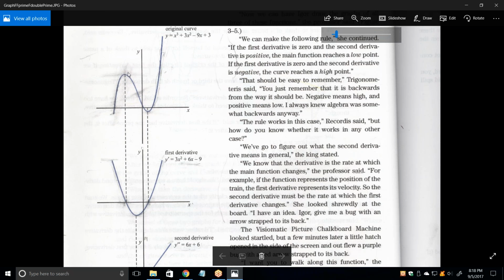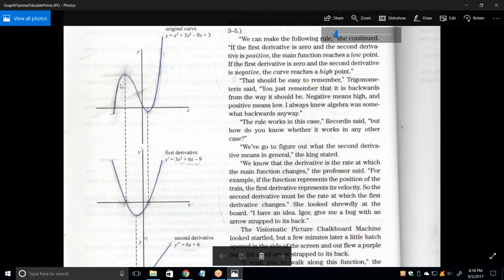And there's a couple of other very, very interesting things about this. When the original function has a zero slope tangent line right there, in other words, if you were to draw the tangent line, it would be flat, the first derivative is 0. Remember what the first derivative is: the first derivative is the slope.